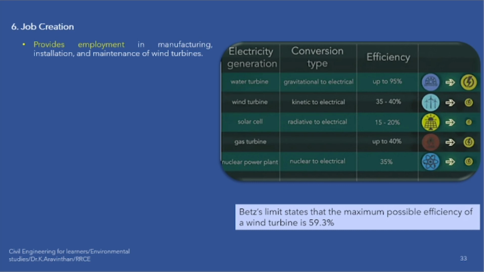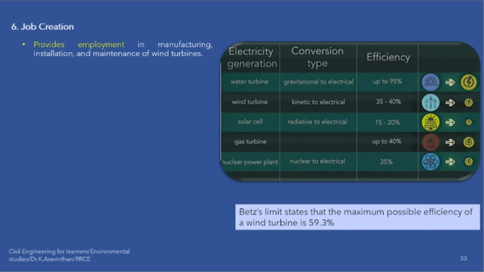But take a nuclear power plant, with 1 kg of uranium, only 35% efficiency, since 65% is wasted. Only 35% of energy is converted into electricity. Now what is the least? Solar cells have very low efficiency, 15 to 20%. Nearly 80% of solar energy is wasted.